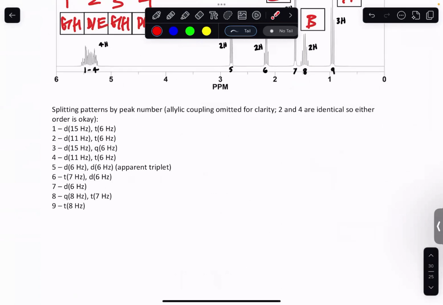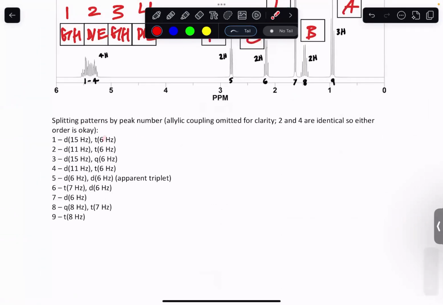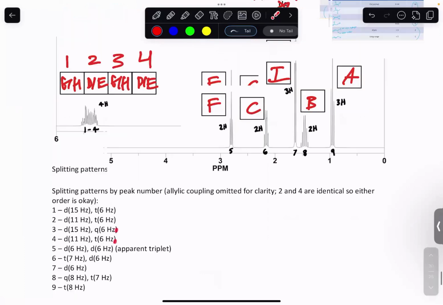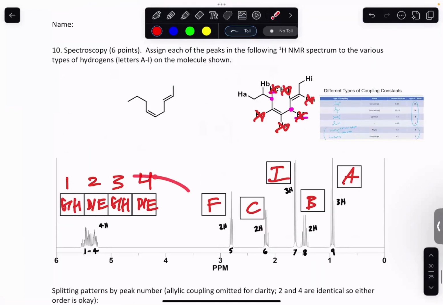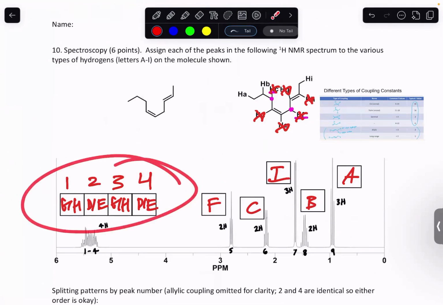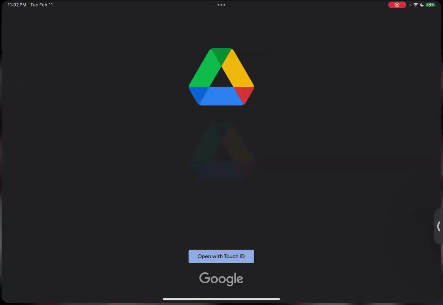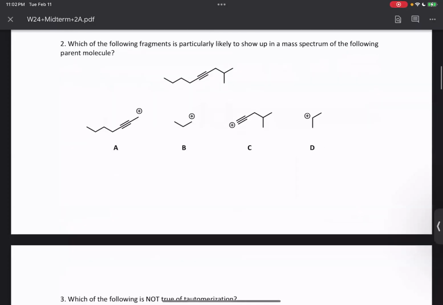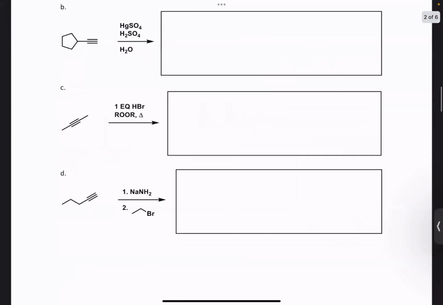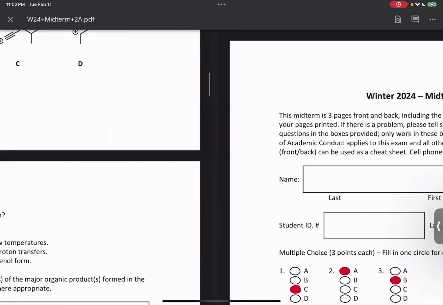Now, let's see. 1, 2, 3, 4. I'm actually not sure how to differentiate between this right here. Let me check the key of this really quick. Because the J values are all the same. If they were to give me different J values, then I would be able to differentiate them.